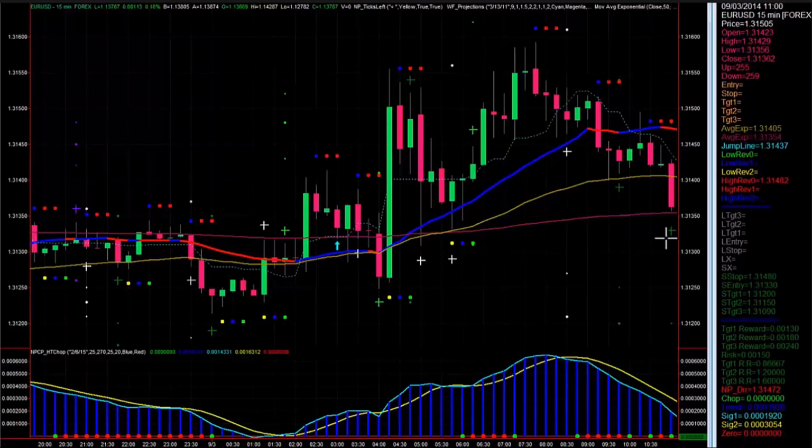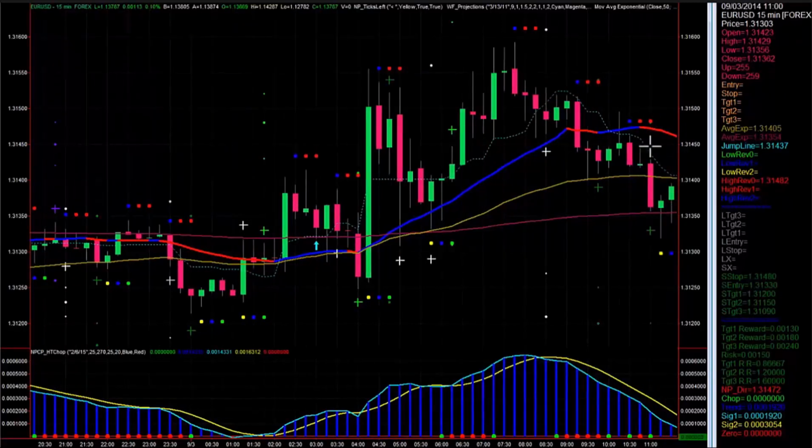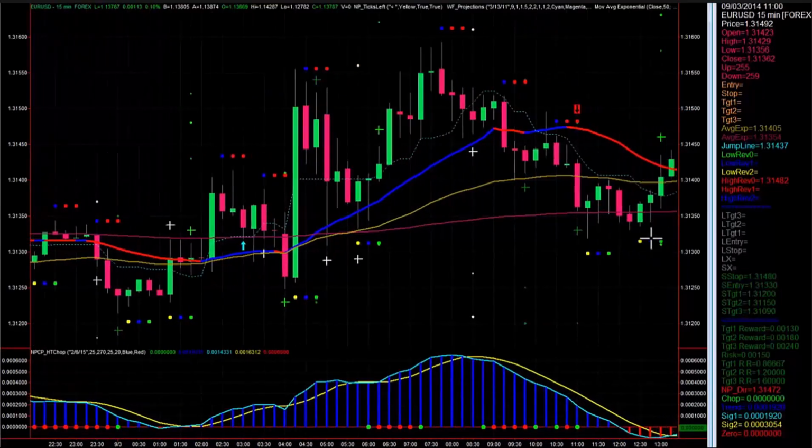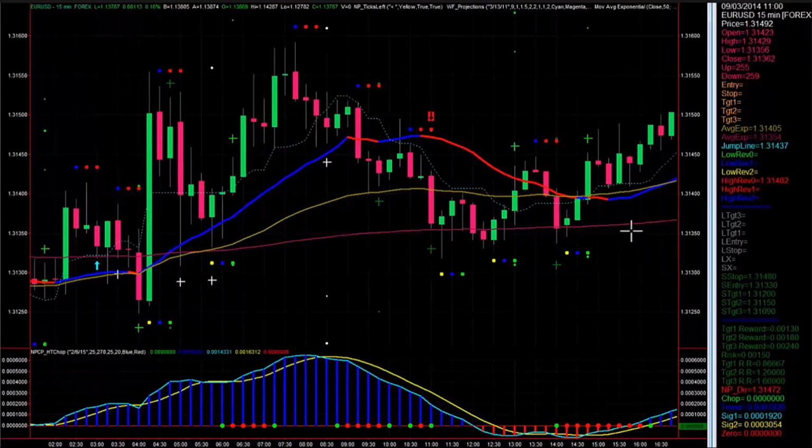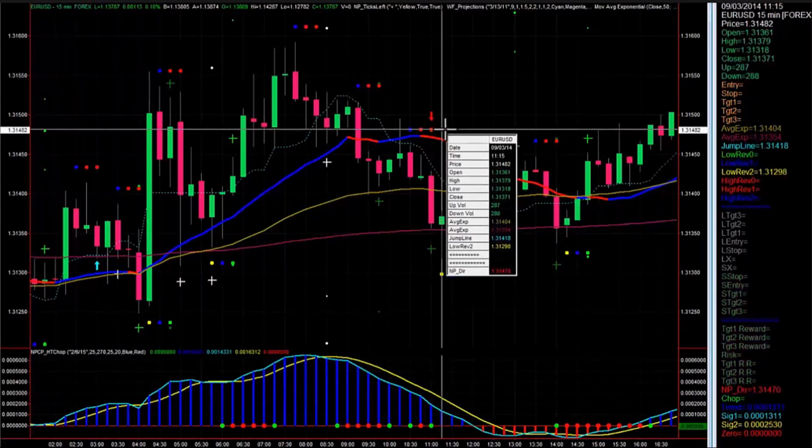Okay, we just talked about that a moment ago. So really, if you're waiting for the close of the bar, you end up with this trade. Okay, and it's going to not really work. None of these are going to work. See how it starts going up, and it ultimately is going to, that time it's going to stop out.